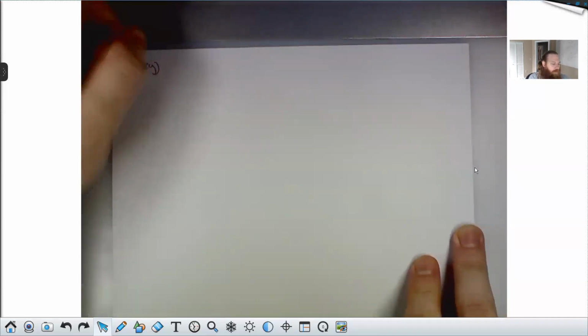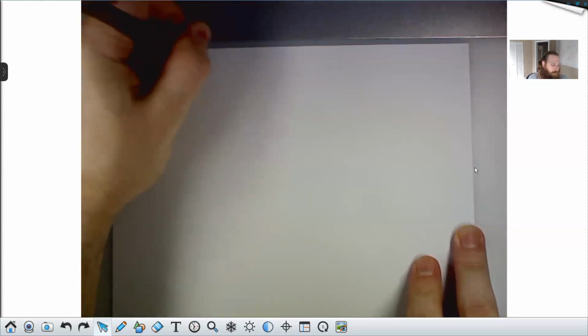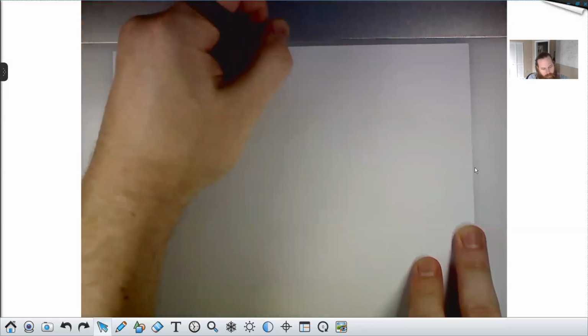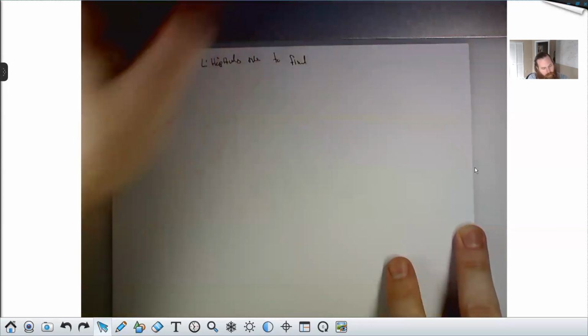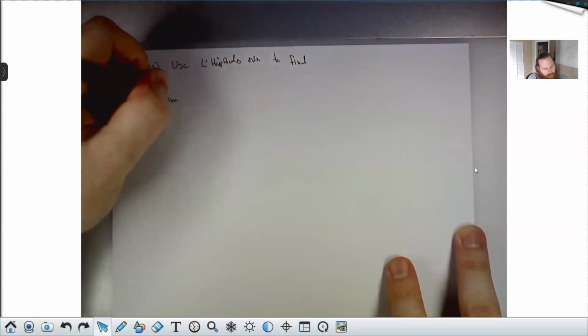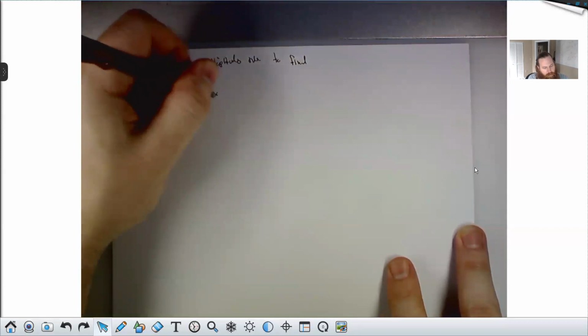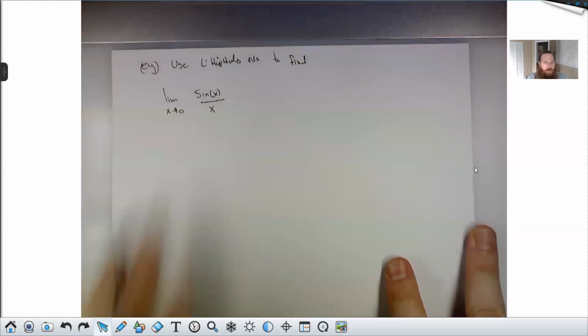So what does it look like to use these things? Well, I can use L'Hopital's rule to find the limit as x goes to 0 of sine x over x.